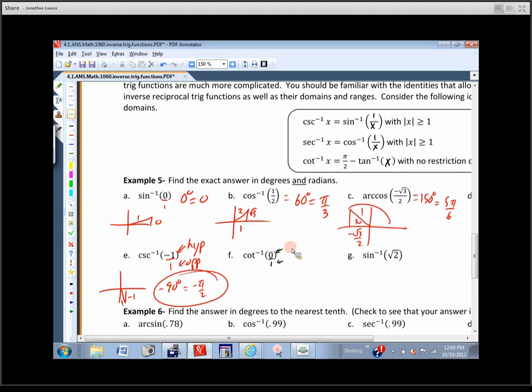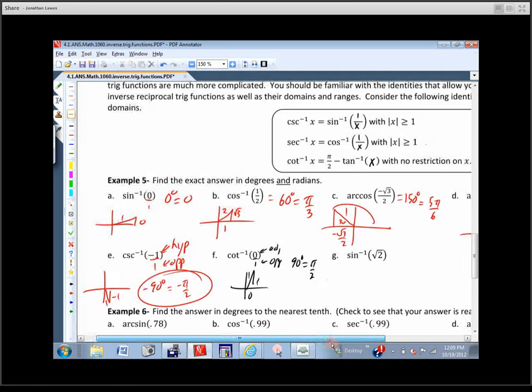What are the sides? Adjacent over the opposite. Okay, so let's draw a picture of what that would look like. If the adjacent was 0 and the opposite was 1, that's 0, that's 1, where would we have to be? 90 degrees or pi halves. Good?